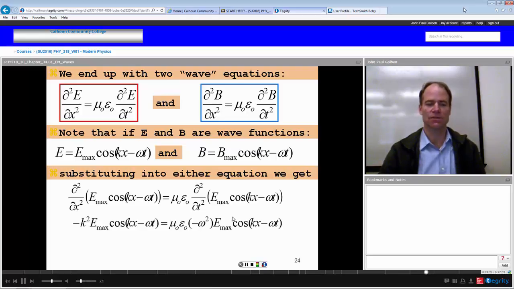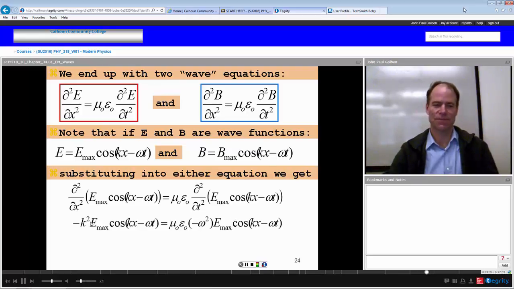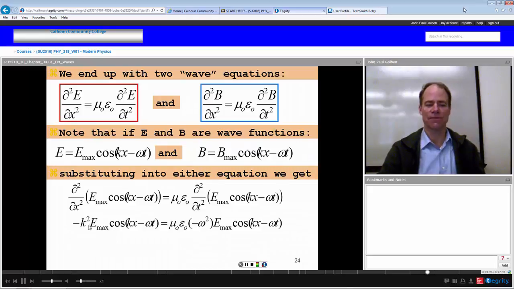Conducting those derivatives, on the left we get negative k squared times the wave function, and on the right mu naught epsilon naught negative omega squared times the same wave function. Get rid of the wave function and the negatives.